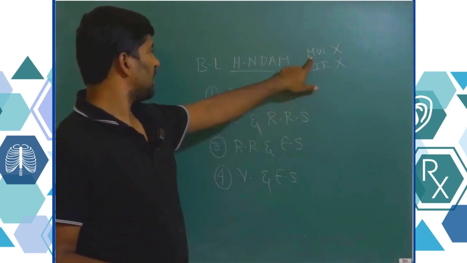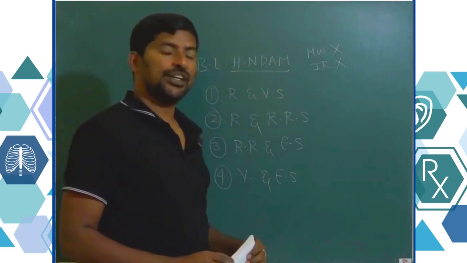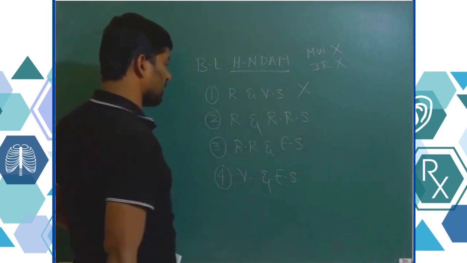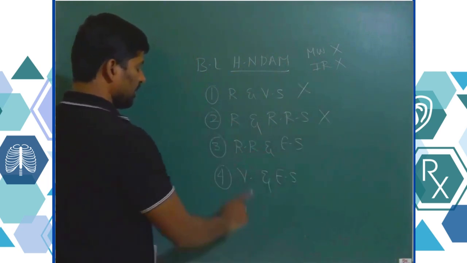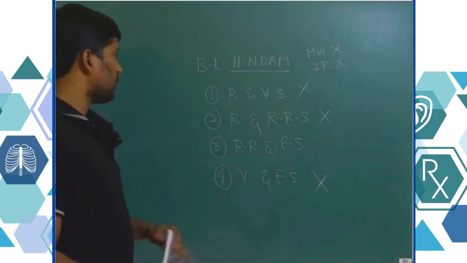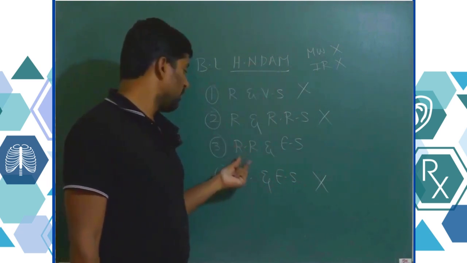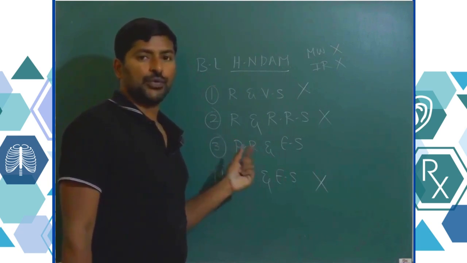Homonuclear diatomic molecules do not show pure rotational spectra or pure vibrational spectra. So the first option, rotational and vibrational spectra, is not correct. The second option also has rotational spectra, not correct. The third and fourth options have vibrational spectra, not correct. Therefore, the bond lengths of a homonuclear diatomic molecule we can determine by rotational Raman spectra, as they are Raman active.